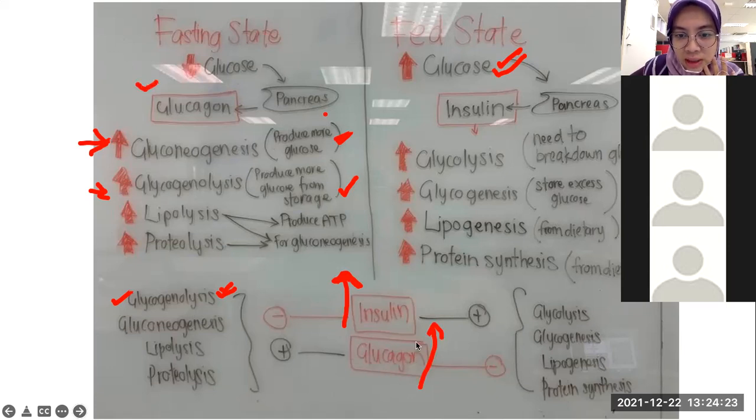That is why glucagon will inhibit glycolysis, because glycolysis can only happen when we have glucose. In the fasting state, where glucagon is released, glucose concentration is very low, so we cannot break down more glucose. We need to produce more glucose.